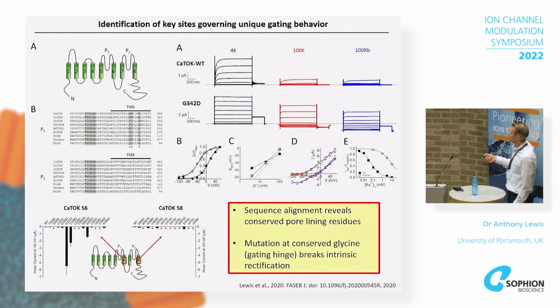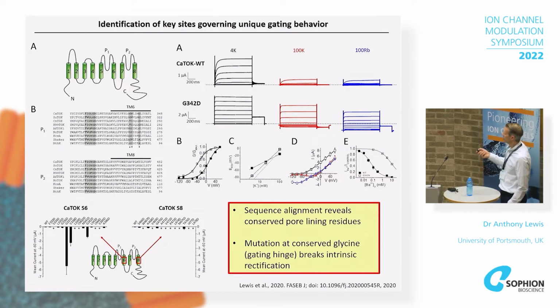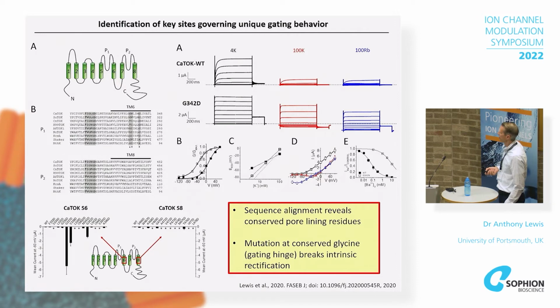So in grey here we have the selectivity sequences of both those pore loops. And we made a scan, mutagenesis scan of both of these transmembrane domains, mutating each amino acid in the Candida variant, Candida TOK, to either aspartate, alanine, or asparagine.